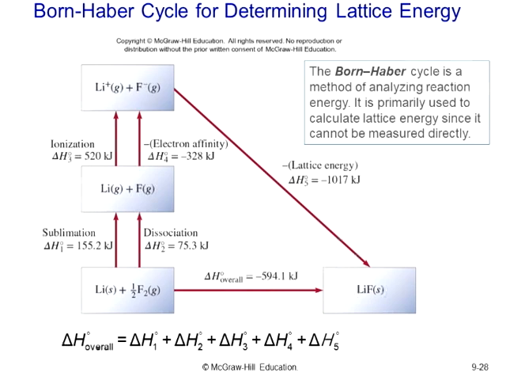We start at the bottom left of this diagram. Essentially, we want to go to the right, but that process is not available to us, so we go through the process of dissociation and subliming, which takes it up to the gaseous state. Then we take the gaseous state into the ionic state, and we see the ionization energies there and the negative electron affinity values. We see these values, delta H, through each of these steps.